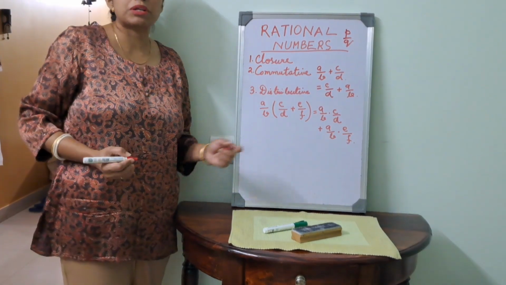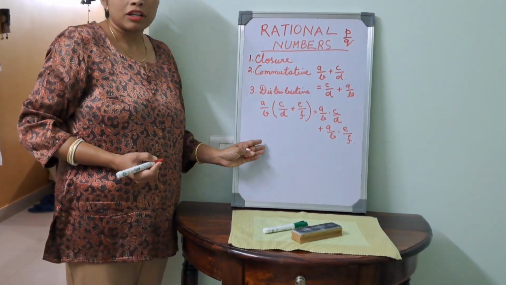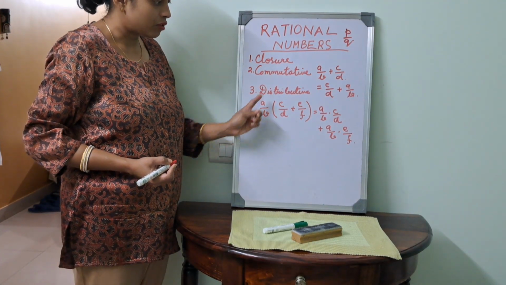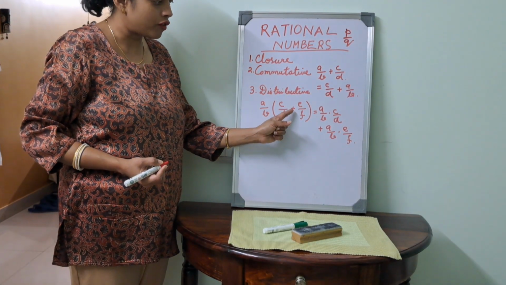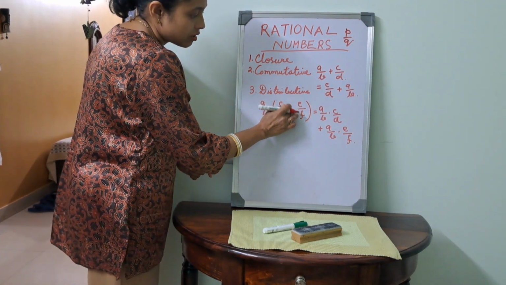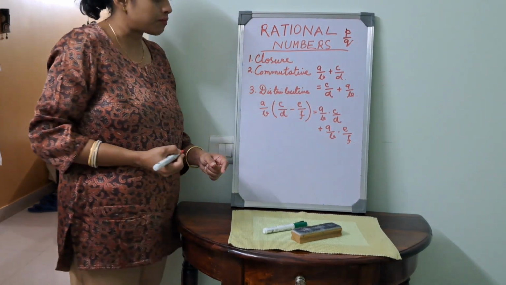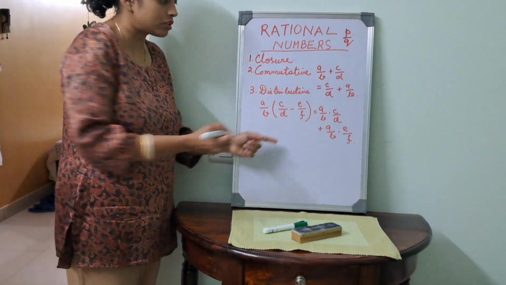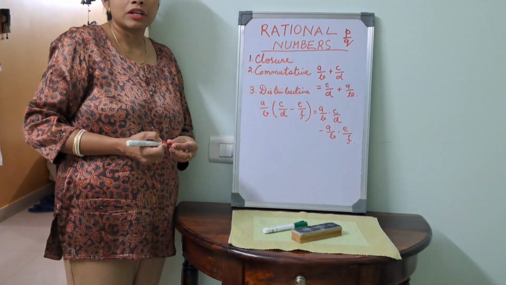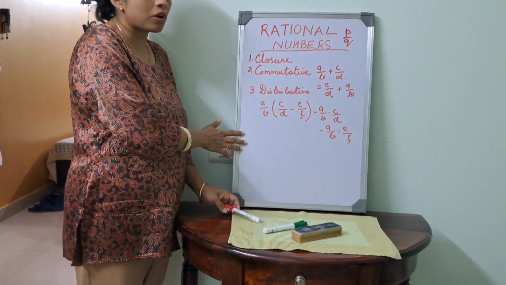We have done multiple applications of these laws or properties of rational numbers. So this is the distributive law of multiplication in terms of addition. If you change the sign to subtraction, even then the distributive law holds good. Right? So these are the three major properties.